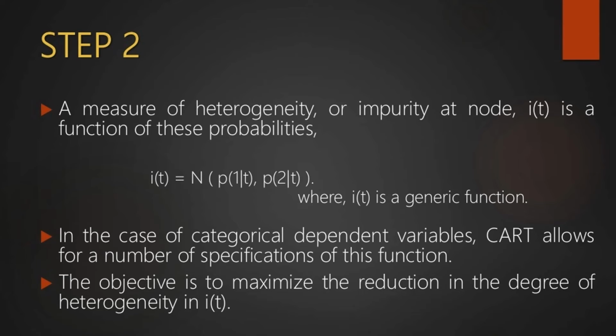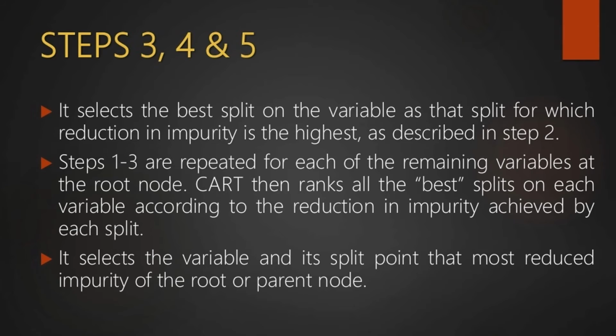A measure of heterogeneity or impurity at a node is a function of these probabilities. In the case of a categorical dependent variable, CART allows for a number of specifications of this function. The objective is to maximize the reduction in the degree of heterogeneity.